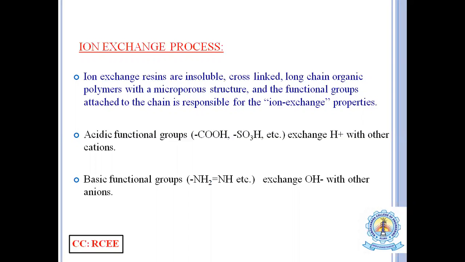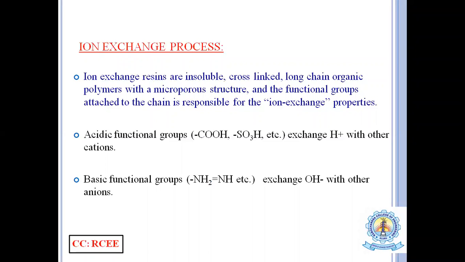If you carefully observe, these compounds have two types of ions, cations and anions. The cation is removed by the cation exchanger, and the anion is removed by the anion exchanger. That is called the ion exchange process.